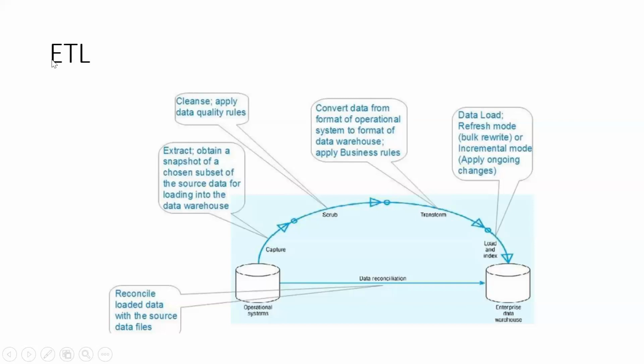ETL is E for extract, T for transform, and L for load. We extract information from the OLTP system, the transactional system. We transform the data, clean it, remove duplication, and finally load it at the target site. That process will run on a daily basis, not actually daily.